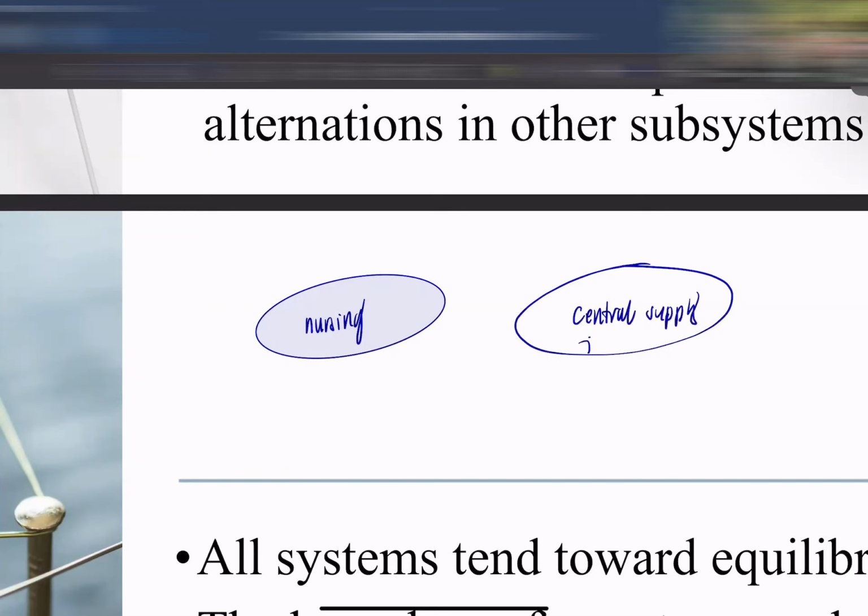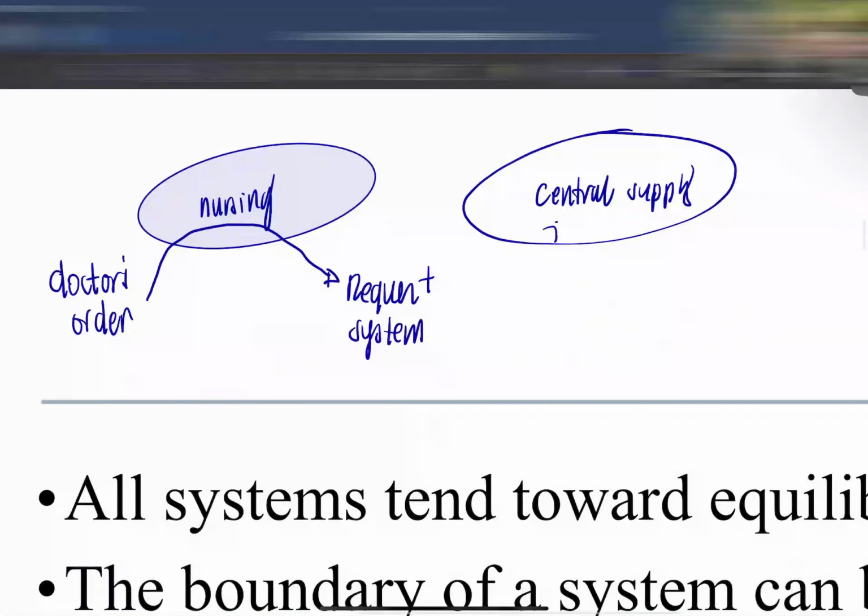The input here, class, is the doctor's order. Halimbawa, the nurse class read the doctor's order. Pagkatapos class, the nurse would do the critical thinking, and then what would be the output of the nurse? The nurse will request in the system. Kaya nag-request ka sa system. Halimbawa class, ang ni-request mo sa system, kailangan mo ng specimen cup.